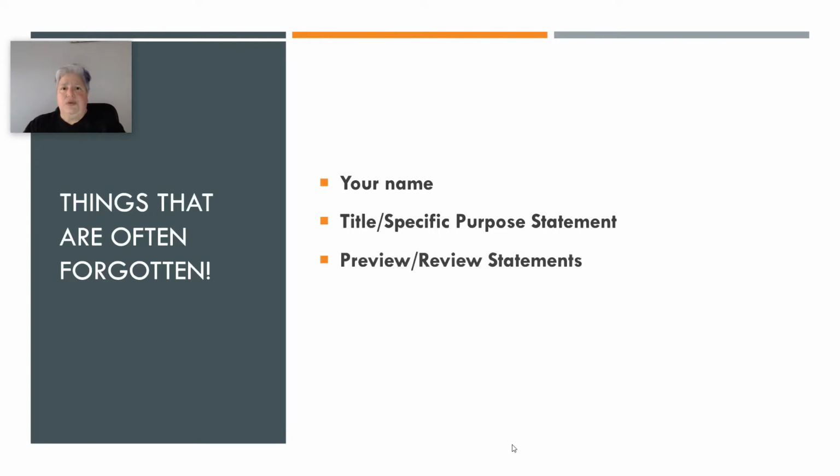Next, the preview and the review statements. Again, the preview is that one sentence that is the last sentence in the introduction, and your review statement is the first sentence in your conclusion. Both of their jobs is to provide the verbal roadmap. The preview's job is to tell us where we're going, the review's job is to tell us where we've been. So that's something that's oftentimes forgotten.